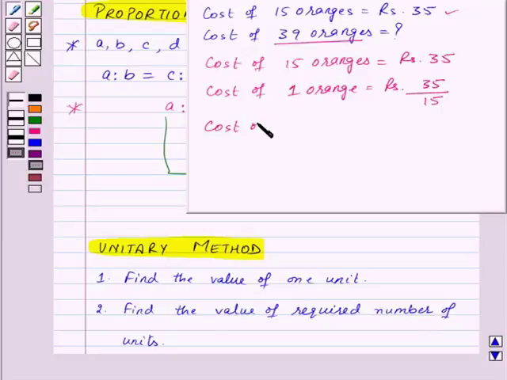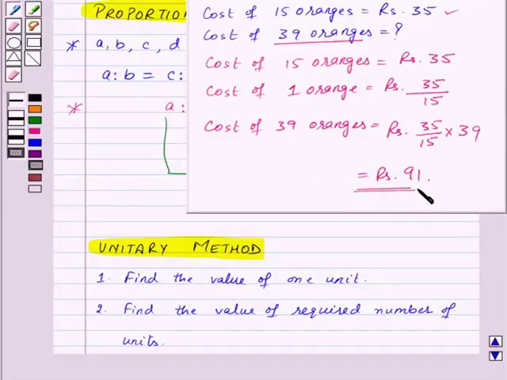So cost of 39 oranges is equal to rupees 35 over 15, that is the cost of 1 orange, into the required number of units, that is 39. So this will be equal to rupees 91. Thus, the cost of 39 oranges is rupees 91. This is known as unitary method.